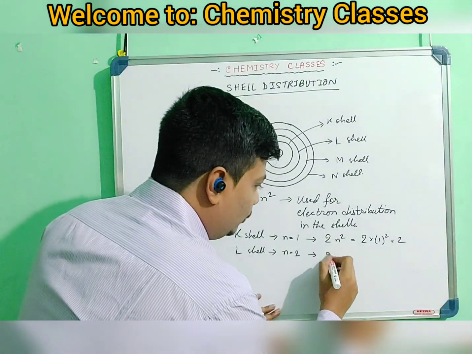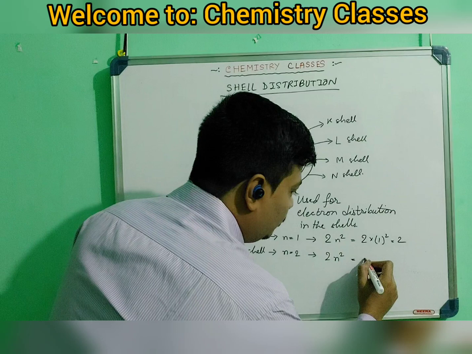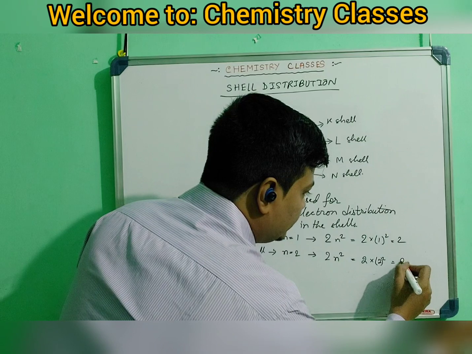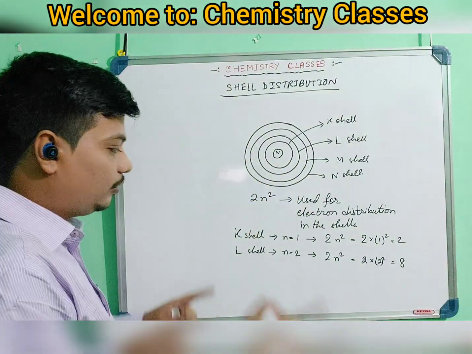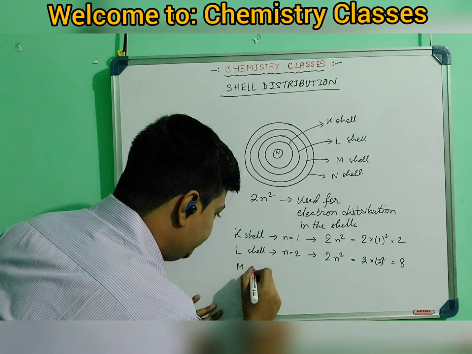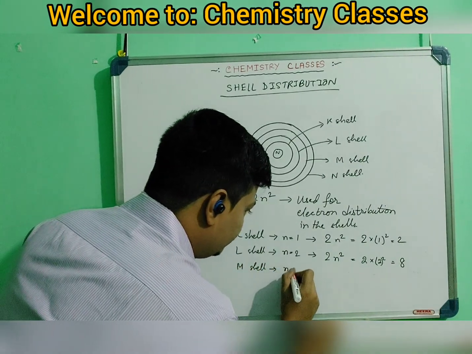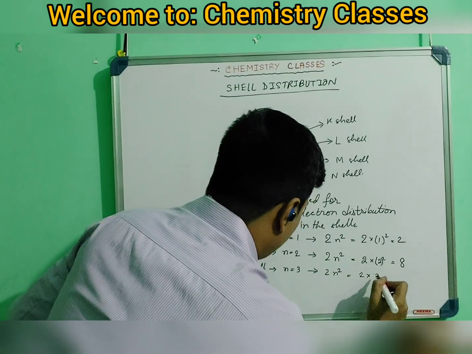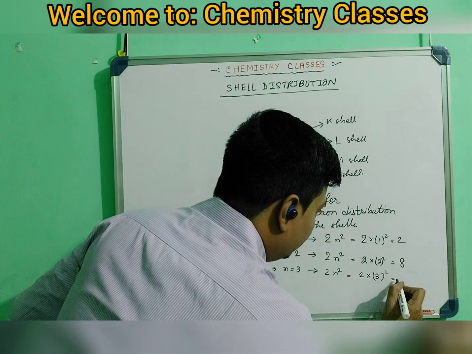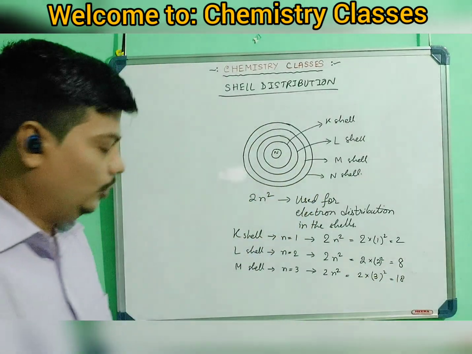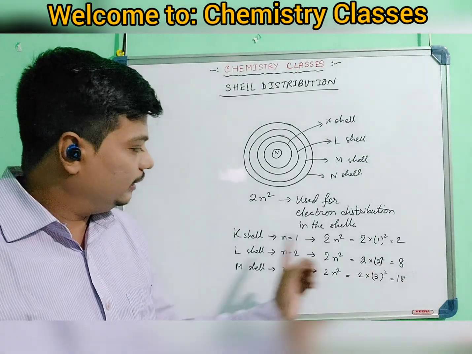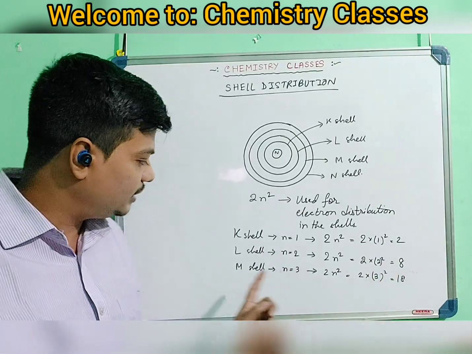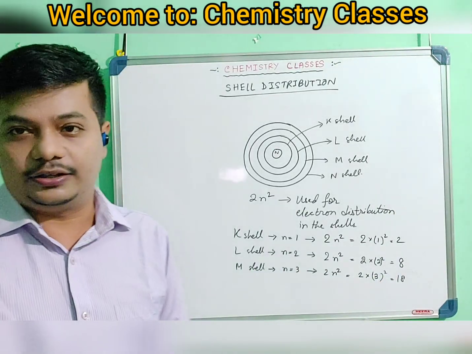Now for this, 2n square is equal to 2 into 2 square, that is 4 into 2, that is 8. Now going for the next one, that is M shell, 2 into 3 whole square, that is 9 into 2, 18. So you can see that the K shell can hold 2 electrons, L shell can hold 8 electrons, and M shell can hold 18 electrons.